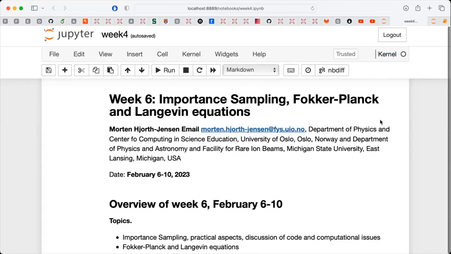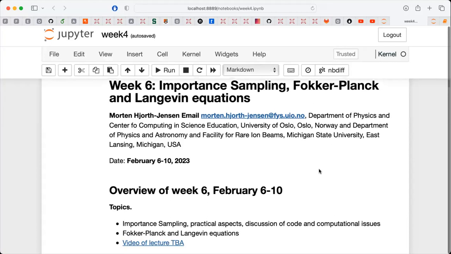So welcome back, everybody. The aim today is to discuss this topic of importance sampling, but we need to go a little bit back and forth between the lectures from last week, where we looked at the derivation of the Metropolis Hastings algorithm, and then link this with the topic of importance sampling.